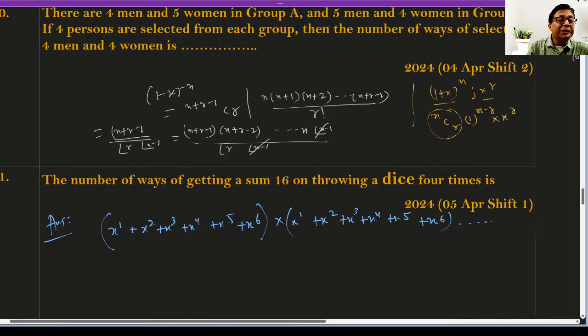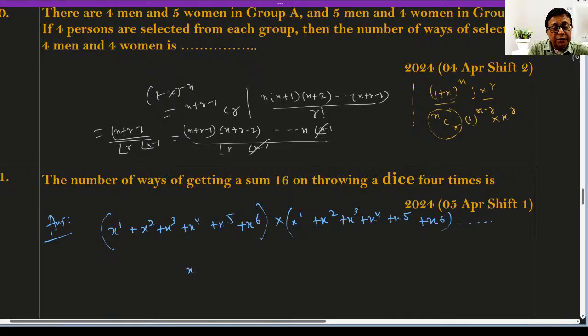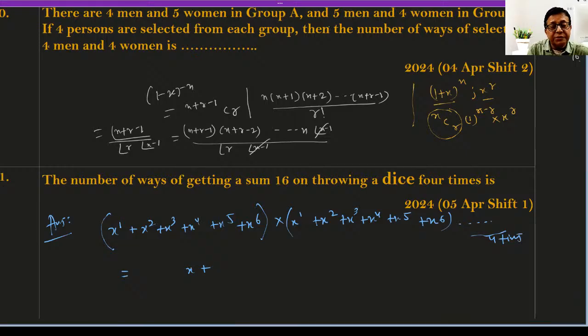So if we use the fundamental principle of permutation and combination, then in case of 'and' we multiply, that's why I am multiplying. So this is happening how many times? 4 times.